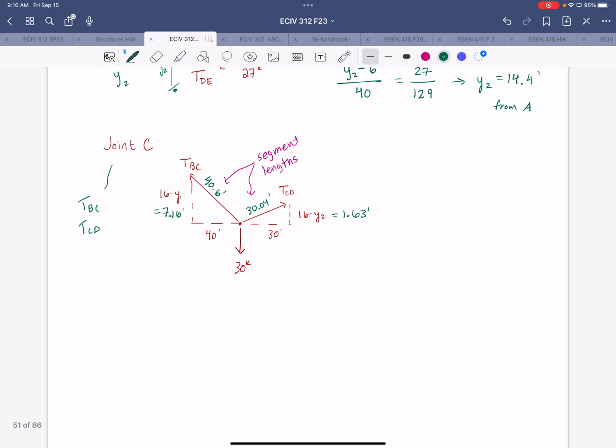All right, so then from summing forces in X and Y, we'll get two equations with two unknowns, so we can solve for those tensions.